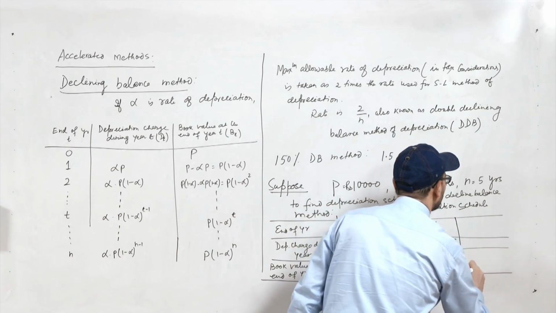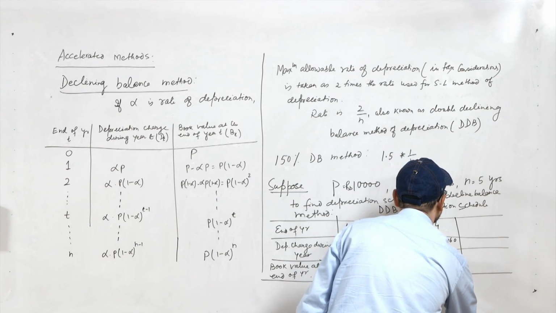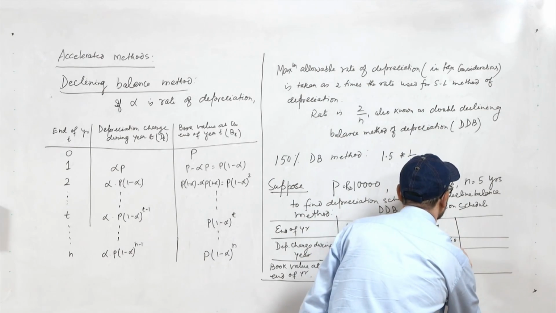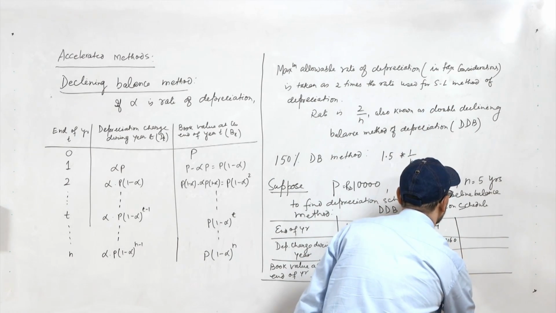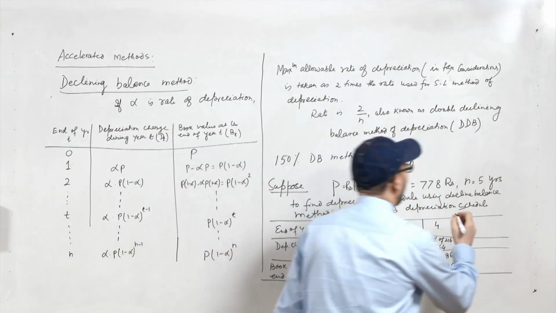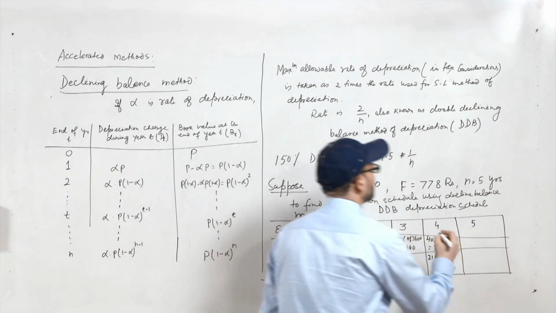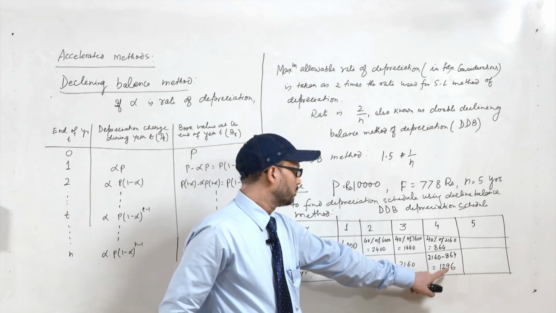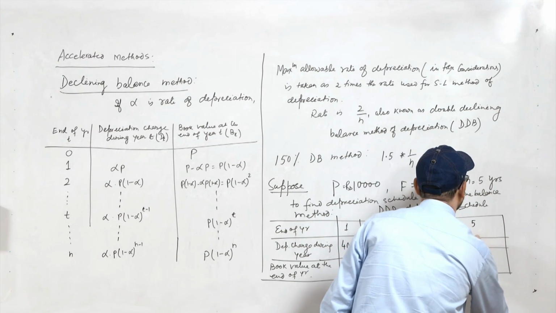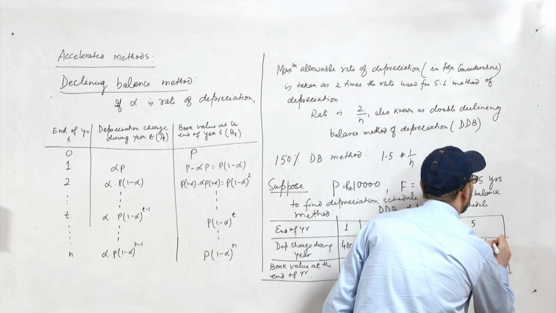So, the book value at the end of fourth year will be 2,160 minus 864. So, it is 1,296, and in the end during the fifth year the depreciation charge will be 40% of the book value at the end of fourth year, that is 40% of 1,296, that is 518.